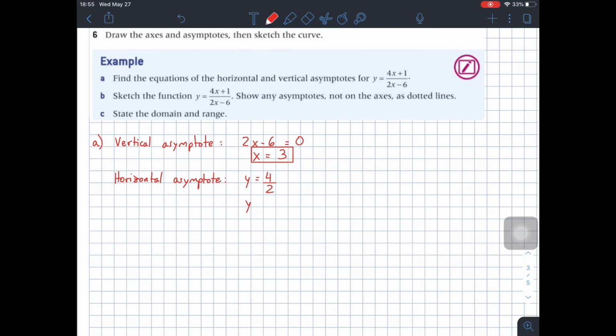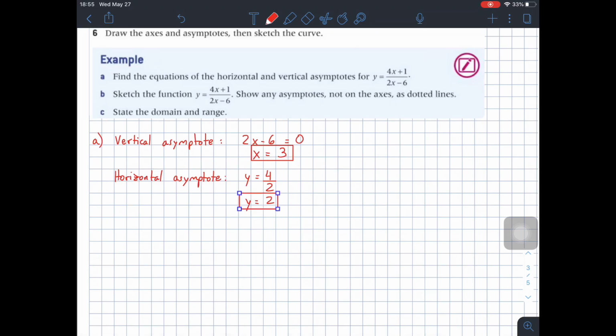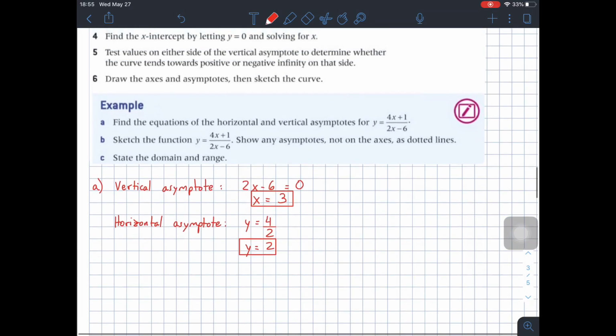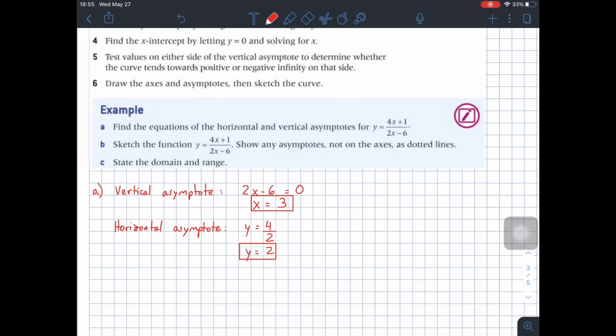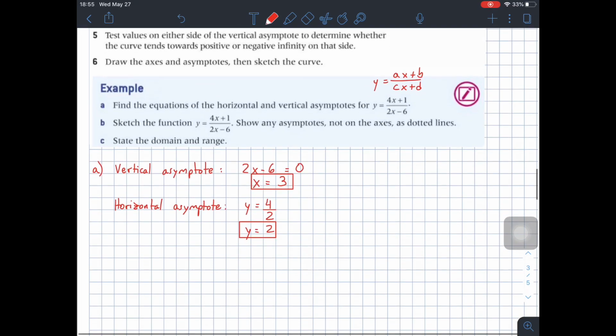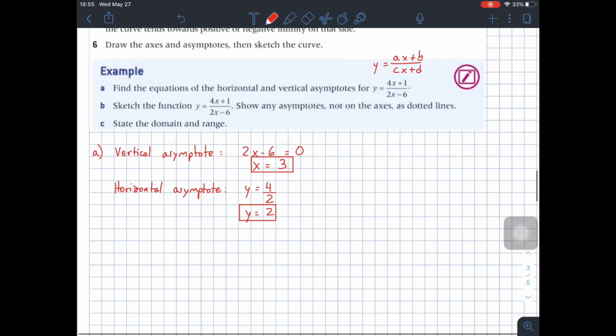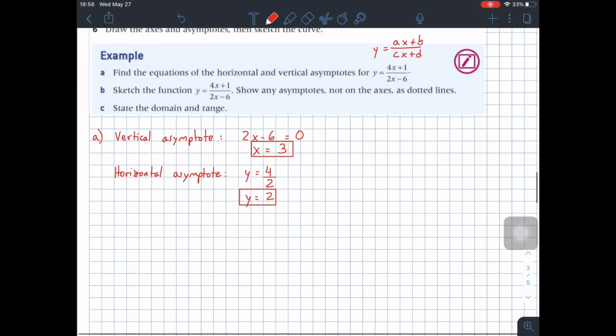So y equals 2 is the horizontal asymptote in this case. So we already have the vertical and horizontal asymptote. Try to always associate this with y equals ax plus b divided by cx plus d. If you remember that, then you won't have much trouble. Okay, so we already found the equations for horizontal and vertical asymptotes.